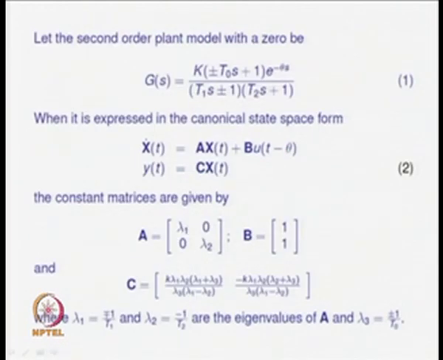I will not repeat that, where we find that the A, B, C, D matrices have the following form: A has lambda 1, 0, 0, lambda 2, and B is a vector of elements 1 and 1, whereas C has the elements k lambda 1 lambda 2 times lambda 1 plus lambda 3 upon lambda 3 times lambda 1 minus lambda 2, and the second element of C is minus k lambda 1 lambda 2 times lambda 2 plus lambda 3 upon lambda 3 times lambda 1 minus lambda 2.